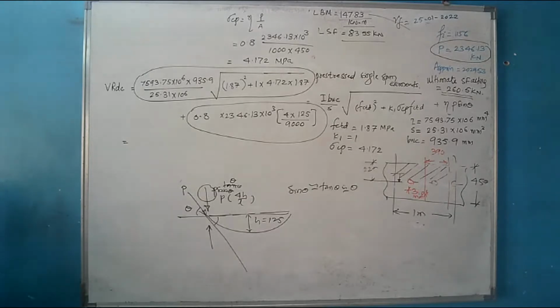When it is a pre-stressed section, we saw that an equation is also given for RCC, but we did not use that. This is for the pre-stressed concrete, so we have used this. We have given this equation for shear because it is specified there for the pre-stressed single span element, this is the condition. Otherwise, we have another condition for shear, but that is for RCC sections. So what is the shear resistance of the section? How much shear can this section carry?